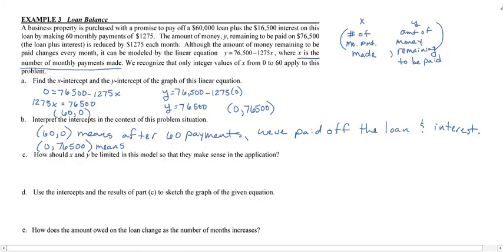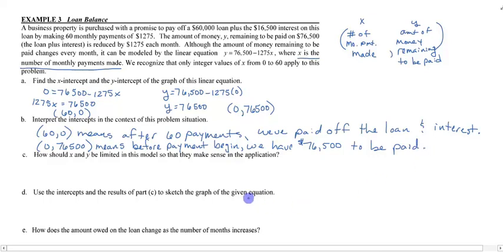But we could say that (0, 76,500) means before payments are made, or before payments begin, we have $76,500 to be paid.